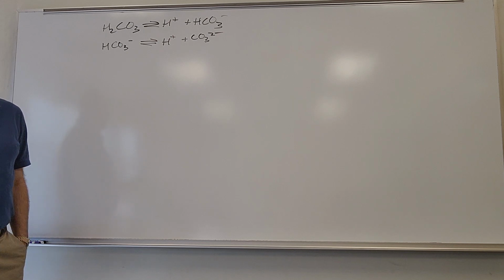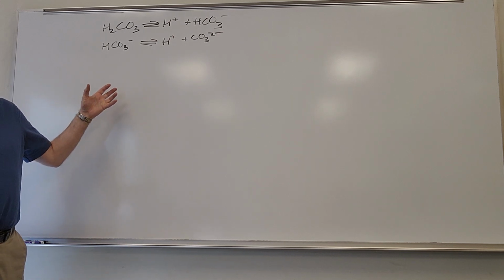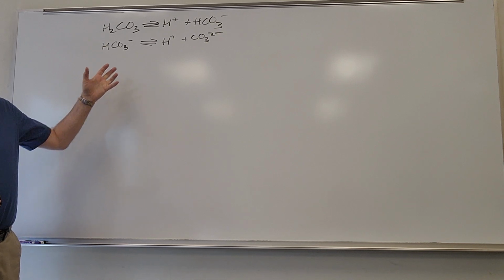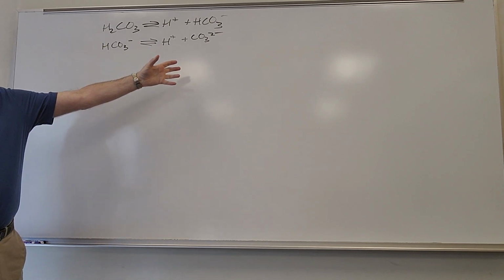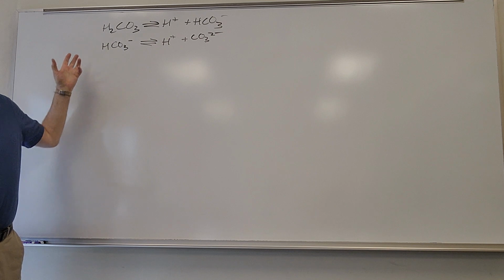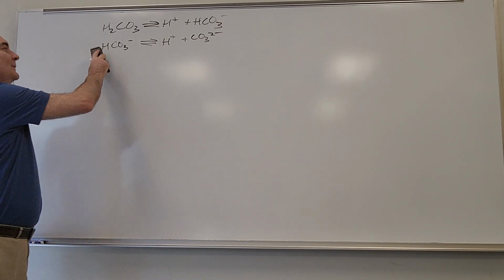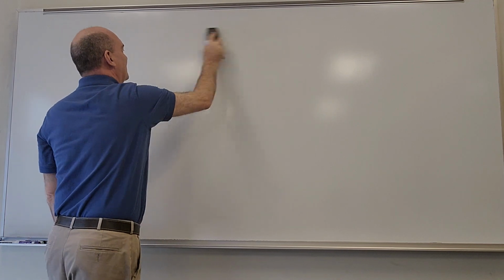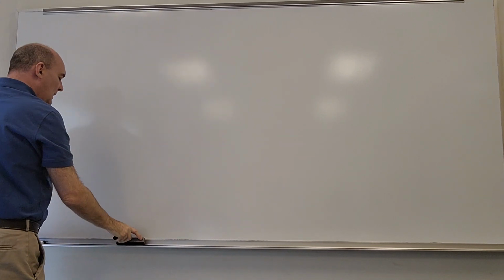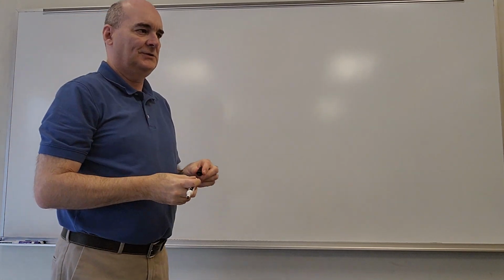And so if I know the concentration of one of them, then I could figure out what the other one is. Okay. We'll get there eventually. Let's go look at some precipitations.